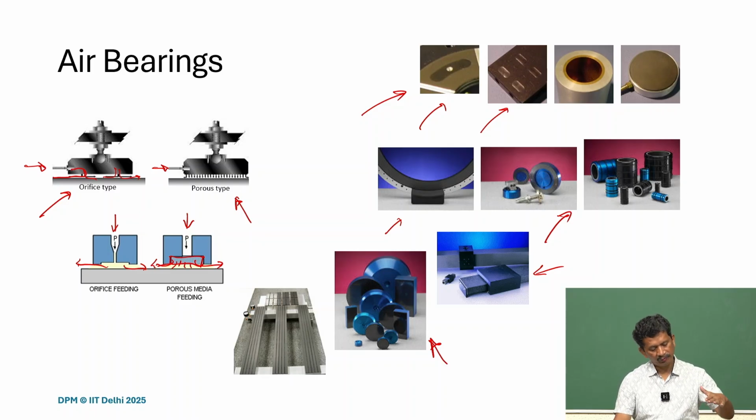So what we realized, there is an air gap, there is an air film developed, and because of that we are able to get a non-contact bearing surface. But we also need to understand that the air film also supports the load, and it also creates a stiffness.